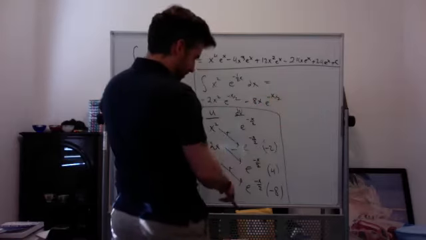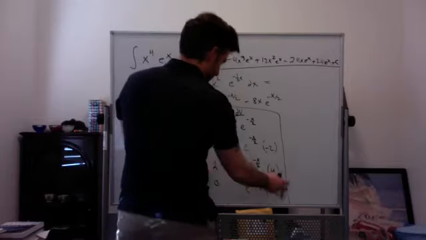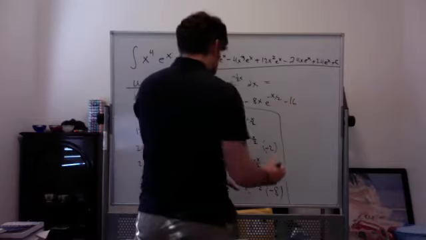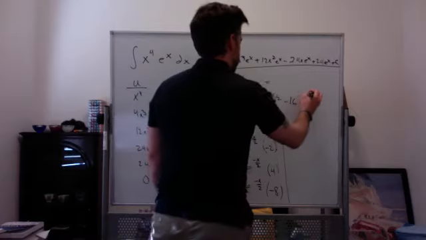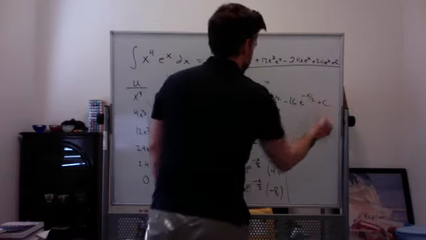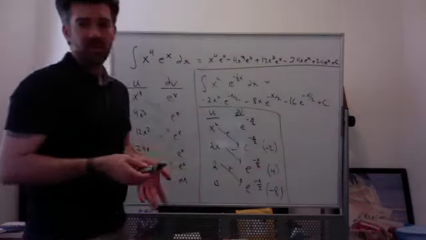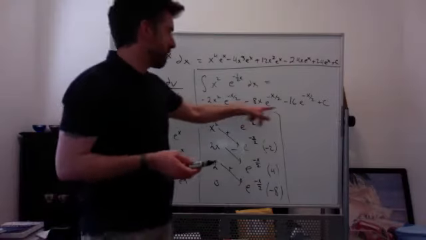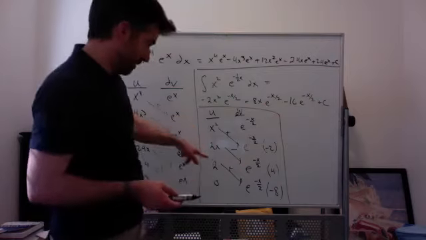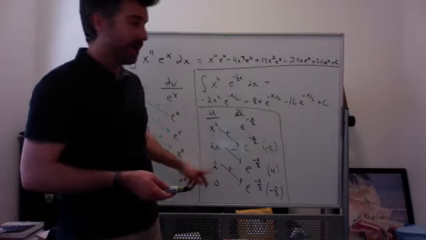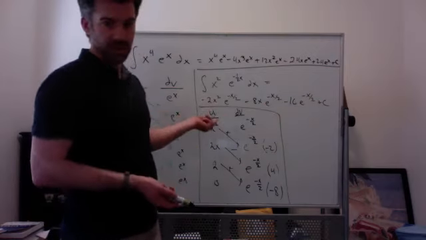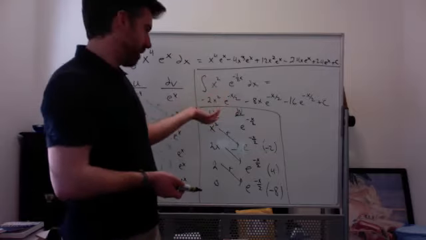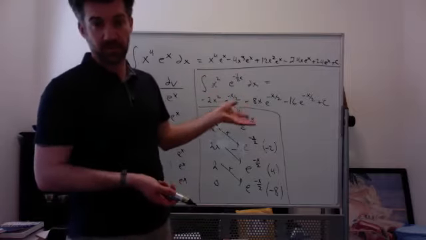And then my next one is minus 2 times 8, which is 16 e to the -x/2 plus c. These tabular ones always follow the pattern of decreasing powers of x, because you're decreasing the power of x every time you differentiate, times whatever your function is, either e to the whatever, or sine or cosine.